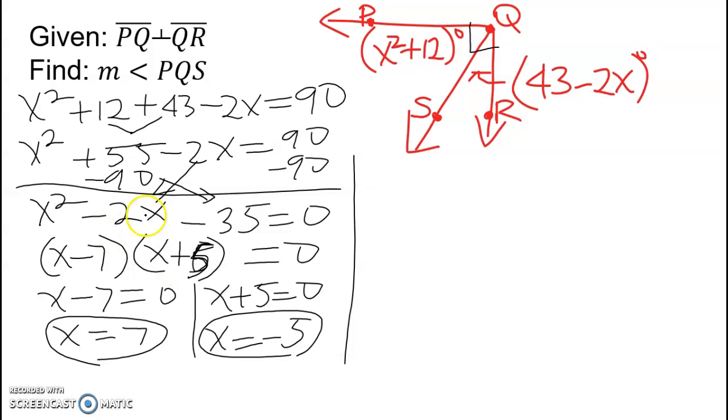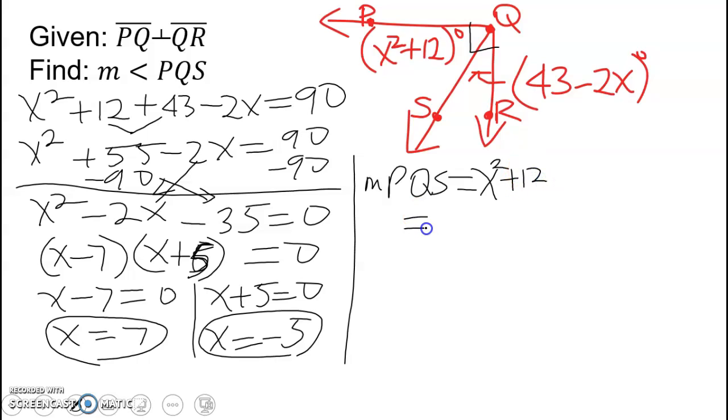And here we are asked to find the measure of angle PQS. The measure of PQS is just this angle, which is x squared plus 12. So we're going to plug in both of them. When x is 7, it's 7 squared plus 12, which is 49 plus 12, and that is 61.